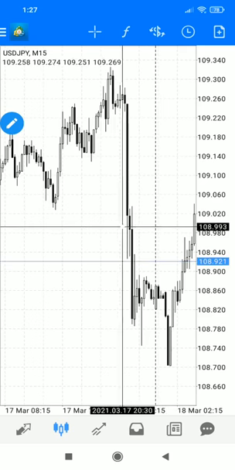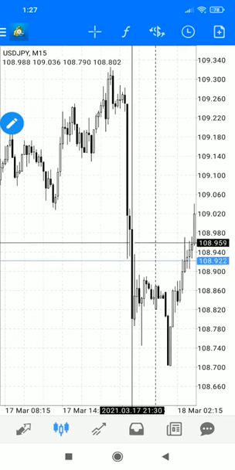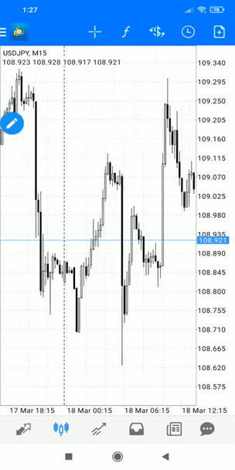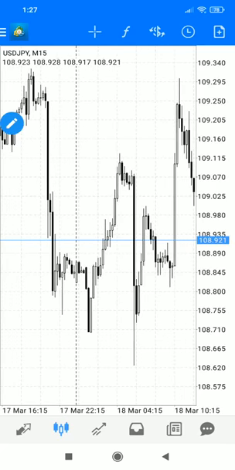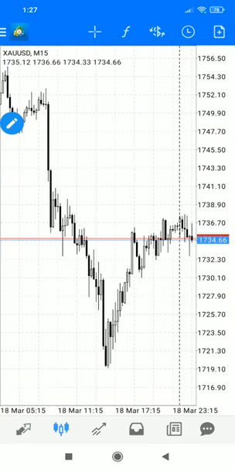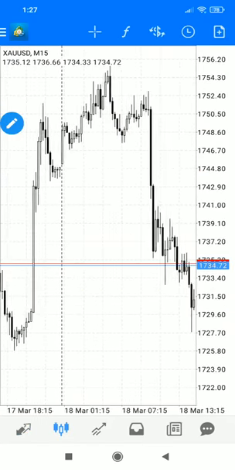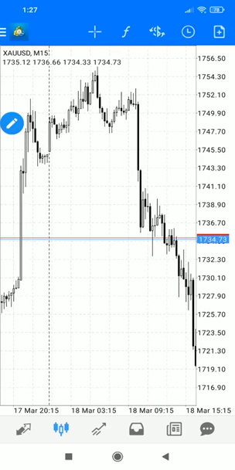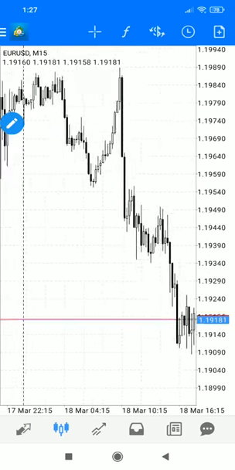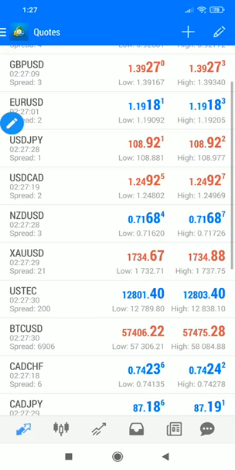After that large sell, there was a sell, but then the following day, as you can see, the market reversed. Even on gold, as you can see, there was a buy, then the market reversed. EURUSD, buy, market reversed.